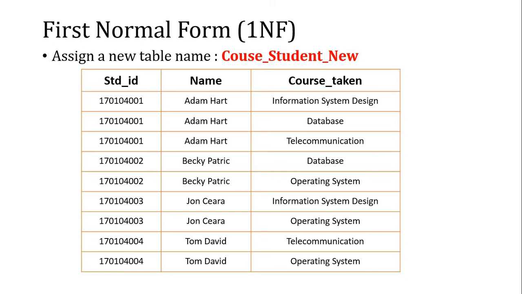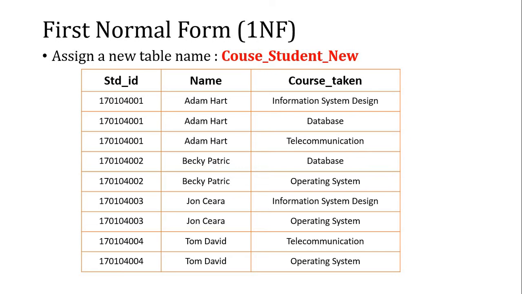So when you now run a query for how many courses roll number 1 Adam Hart has taken for this semester, there will be 3 tuples returned: information system design, database and telecommunication. Where the data is matching 001, there will be 3 tuples returned, so he has taken 3 courses for this semester. So this is how the normalization can be done for that table.